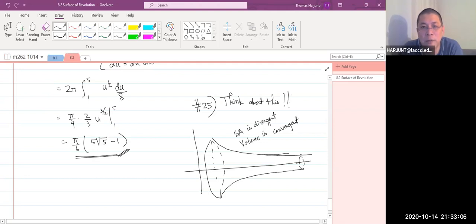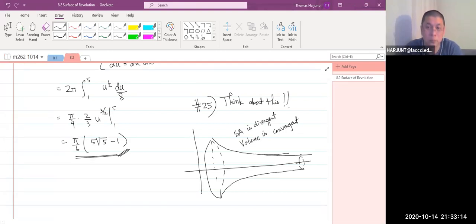In other words, the surface area is infinite, but the volume is finite.